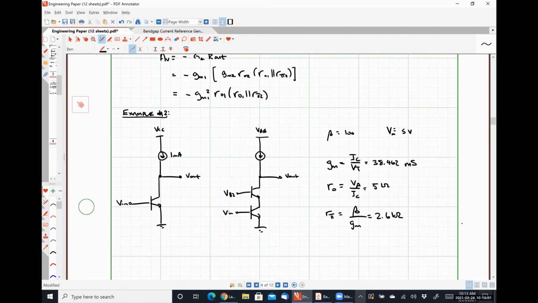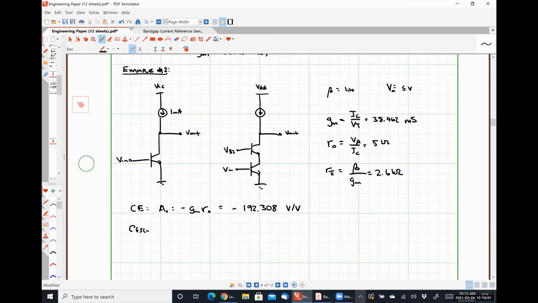So for our standard common emitter amplifier, our voltage gain is given by negative GM R naught, the intrinsic gain, since we have it loaded with an ideal current source, would give us a value of negative 192.308 volts per volt.